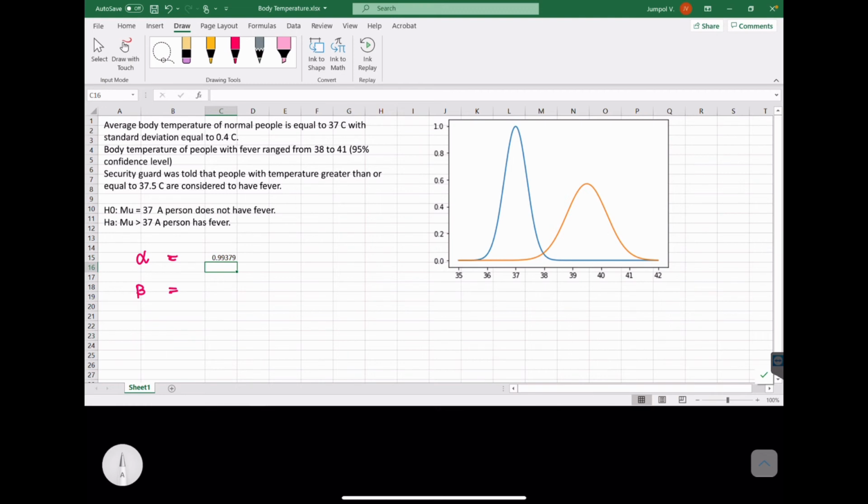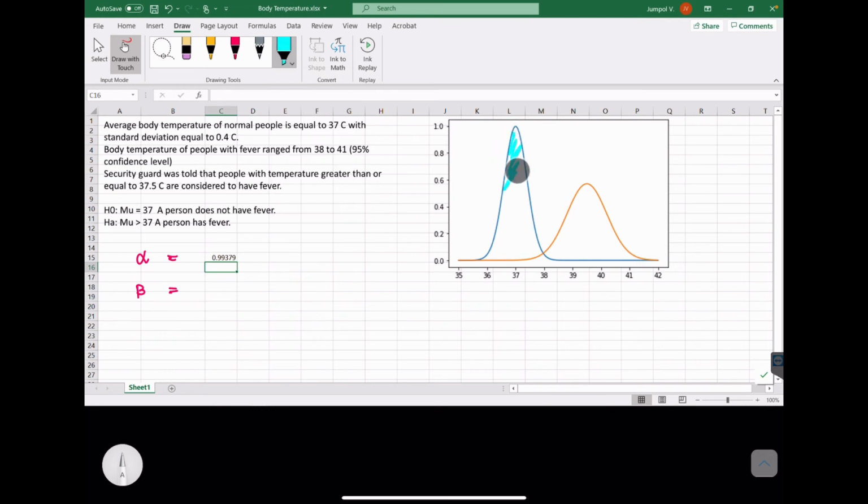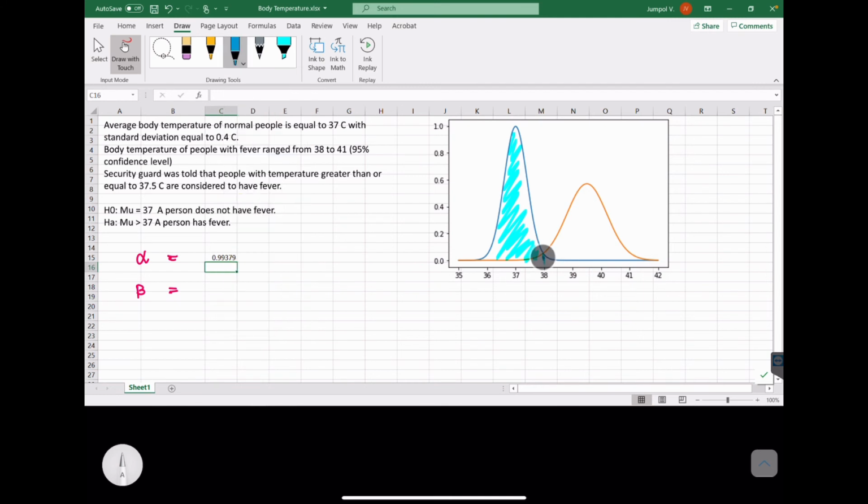So this is gonna give us this area up to this point, right? So it's almost 1, but what we want to find is the area here at this point.